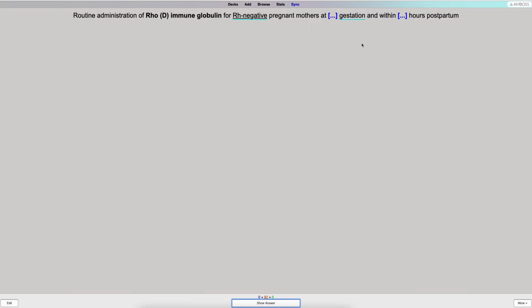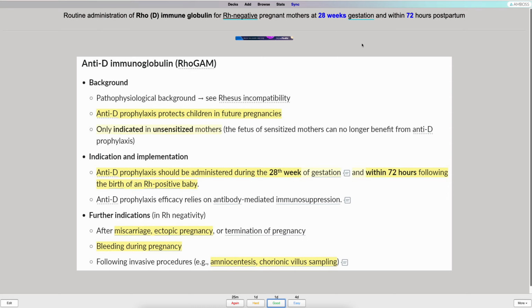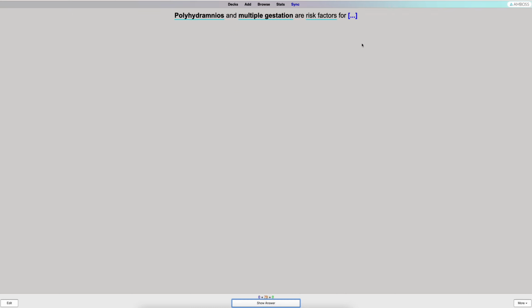Give her the immune globulin at 28 weeks gestation and within 72 hours postpartum. Malnutrition is a risk factor for preterm birth. Most common side effects of oral contraceptives.